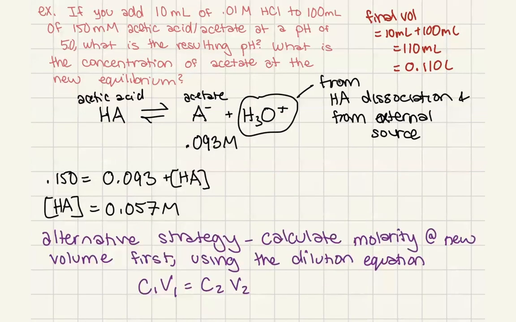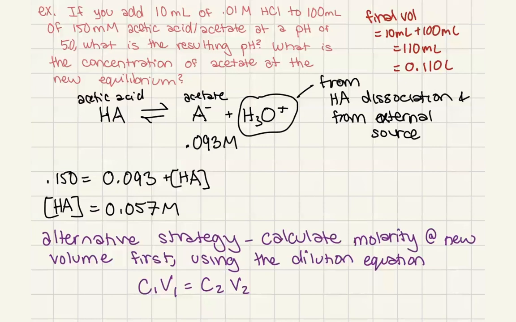An alternative strategy would be, instead of calculating the molarity at the end, we can calculate the molarity that would be present at the new volume first, using the dilution equation C1V1 equals C2V2.